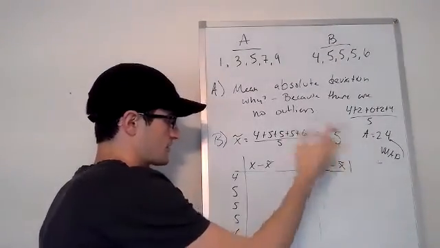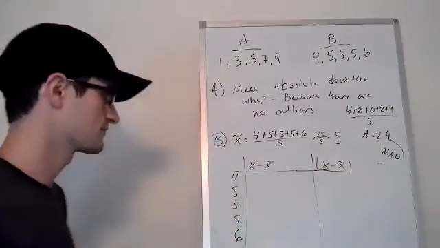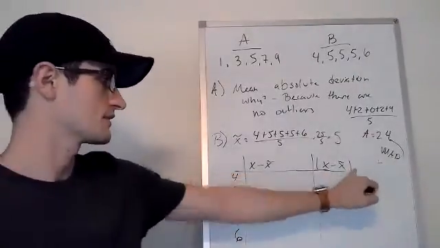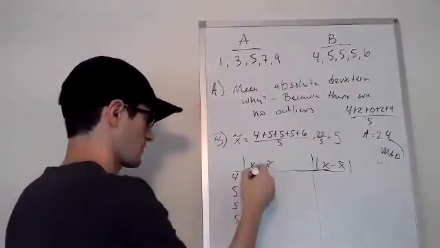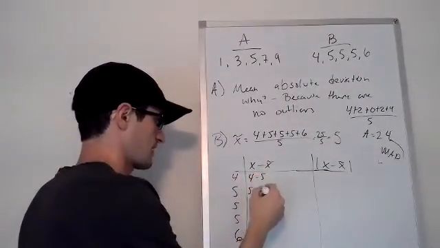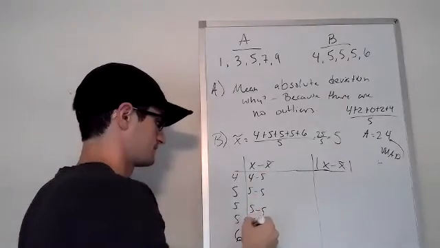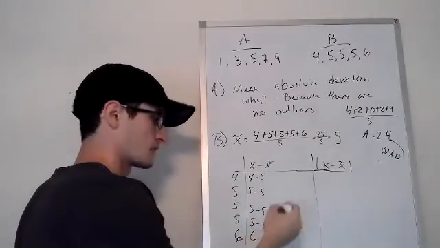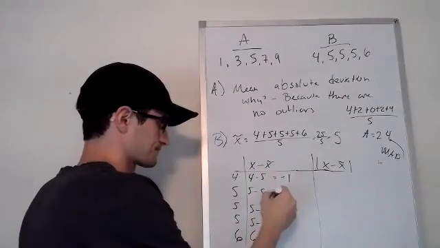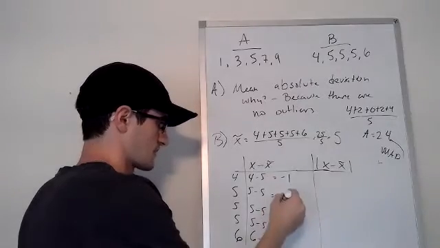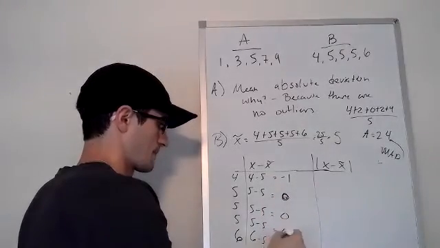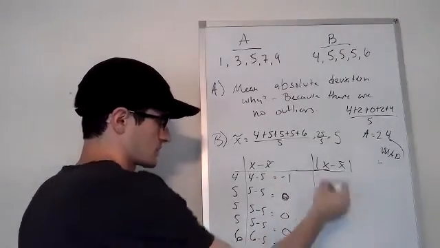These two little bars on the ends, these little bookends, mean the absolute value, a little symbol right there. So 4 minus 5, 5 minus 5. It's supposed to be a 0. So 1.